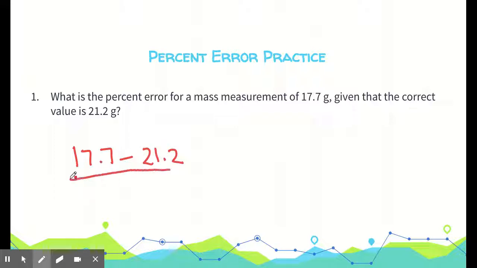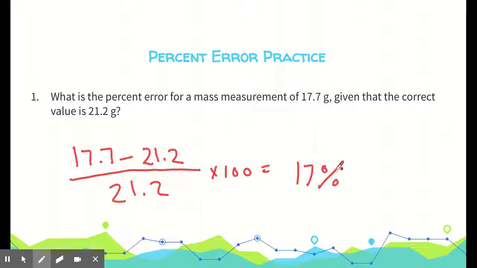All of that is going to be over the known value of 21.2 multiplied by 100, and this is going to give you your actual value. So I believe it was right in the range of 17%. Okay, so we know, and actually this is a negative. So we have negative 17% is our percent error.